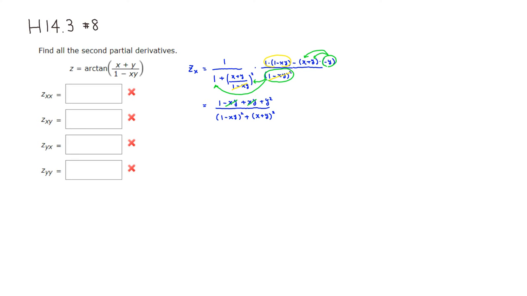Then we can simplify it, so this is going to be equal to, right? So I'm going to just multiply the denominator out and see if we can do anything. So you have a 1 plus y squared, right? If you multiply it out, you're going to get 1 minus 2xy plus x squared times y squared.